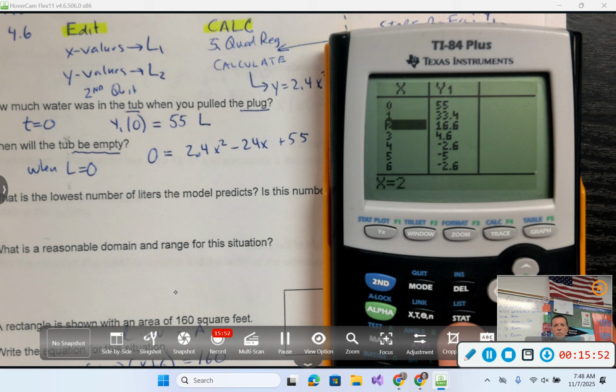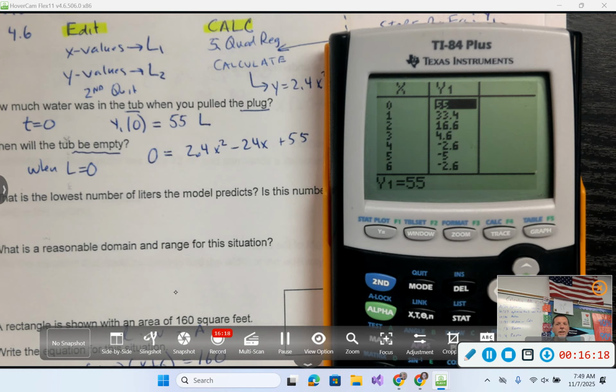Thankfully, at least 3 of the points match our initial data. We can also see that we started at 55. So narrow it down. When did L hit 0? Between 3 and 4. So the table is helpful, but it doesn't really answer the question. I mean, it's definitely empty at 4, but I want a more accurate answer than by 4 it's empty.